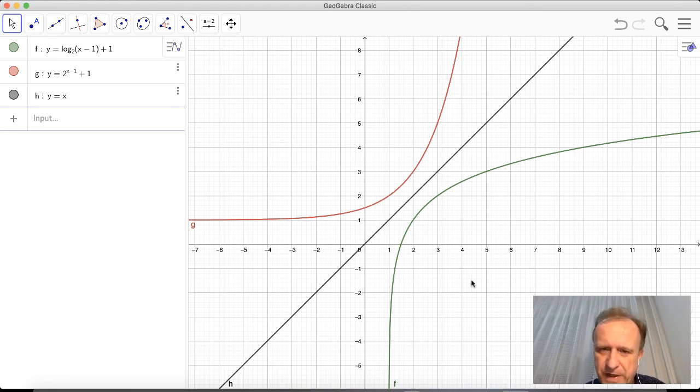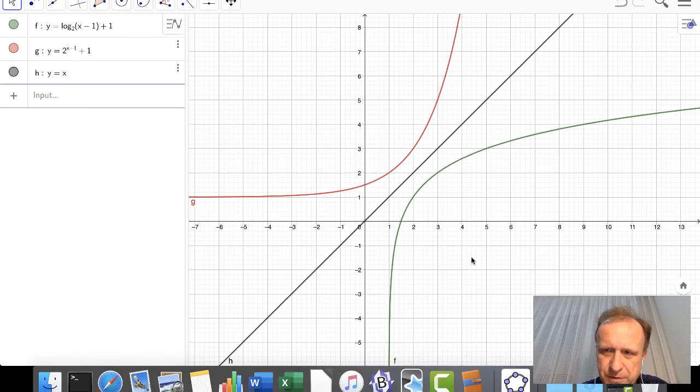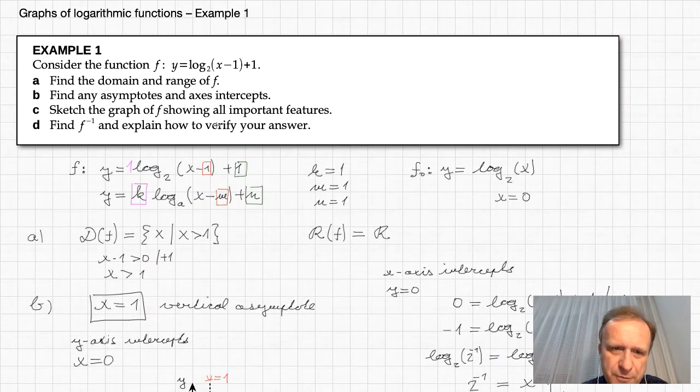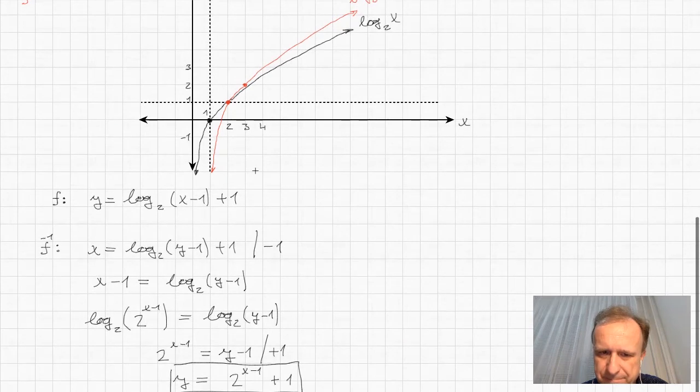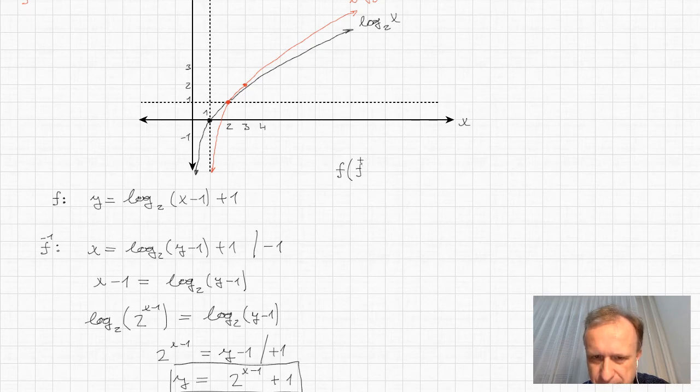It's a graphical way. Another way how to verify our answer is to use the typical thing that we do when we want to show that a function is the inverse of another function, and it is namely to show that f of f inverse of x is identical to x.